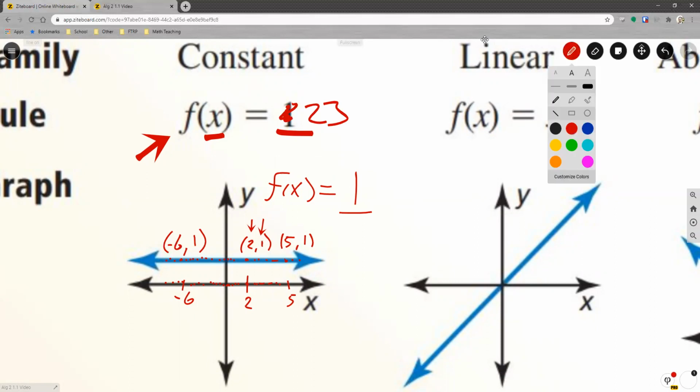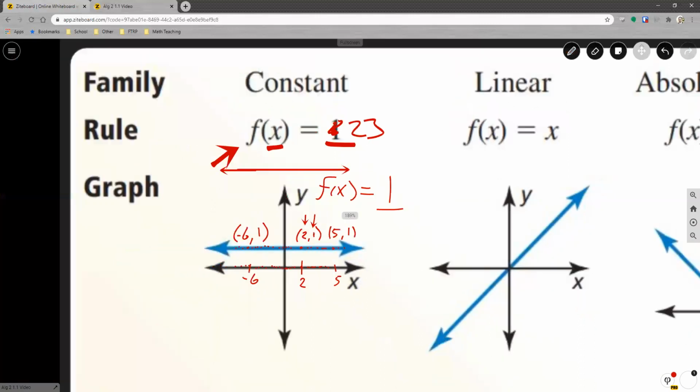Let's see. Not very good, but it works. So that would be my constant function, f of x equals 23. So that's the simplest function.